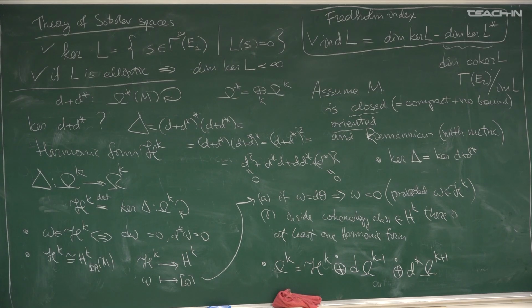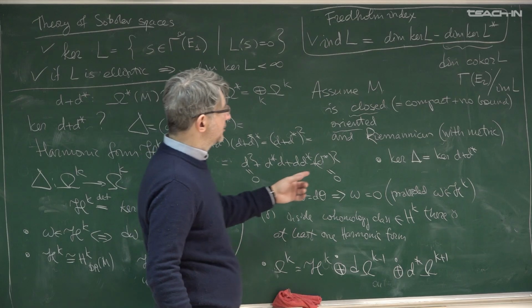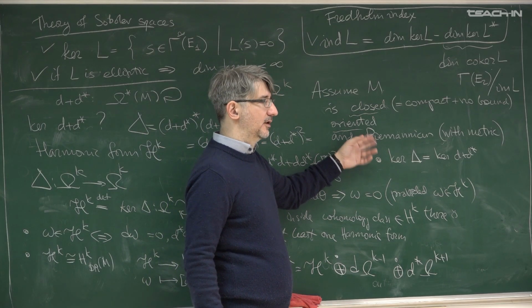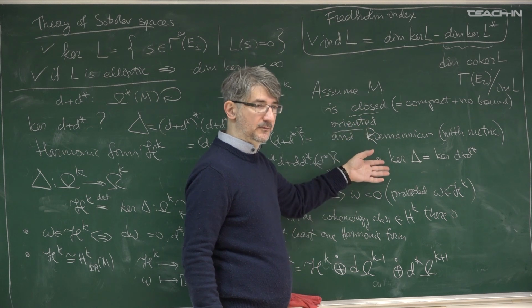May I ask a question? Yes. I don't remember if we discussed the scalar product on omega k. It is an integral over M of... Be careful, there are two notions of scalar product. First of all, imagine what you have. You have a scalar product in all tangent spaces. Then this induces a scalar product in all cotangent spaces.